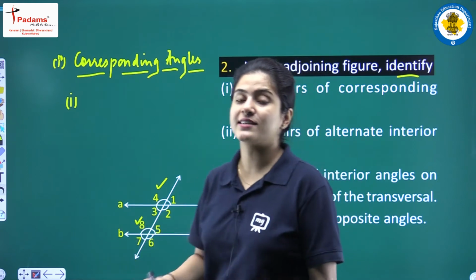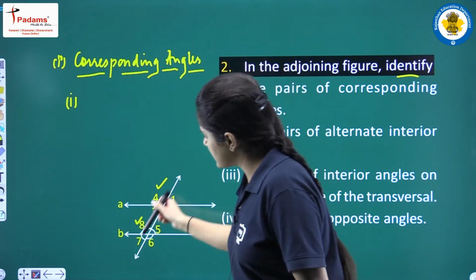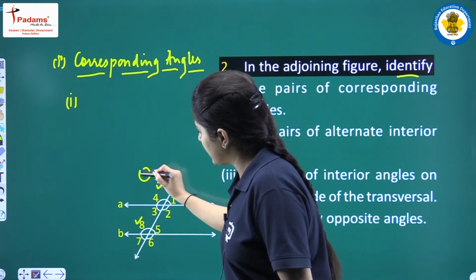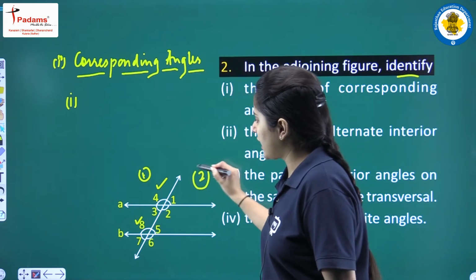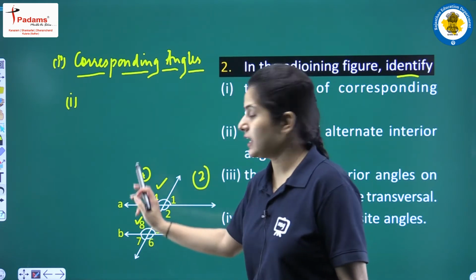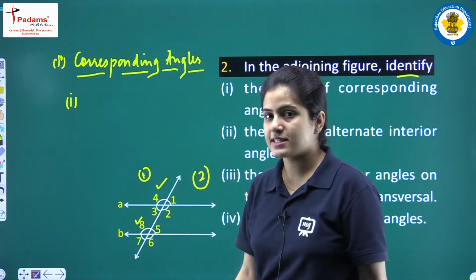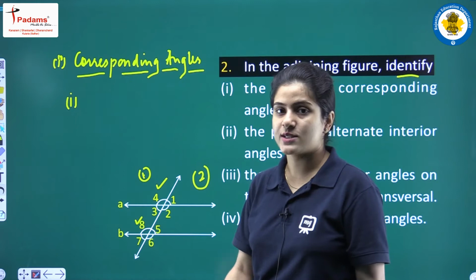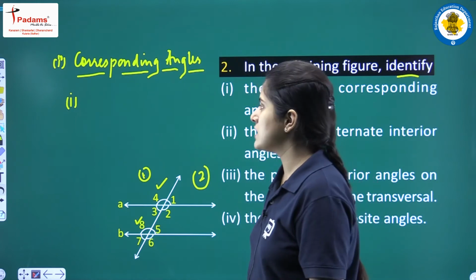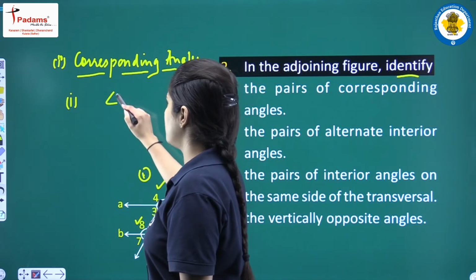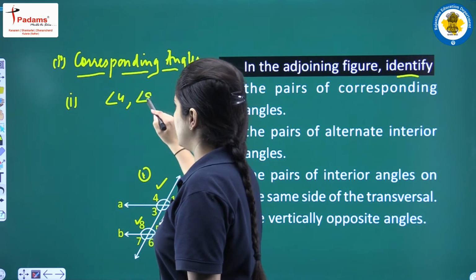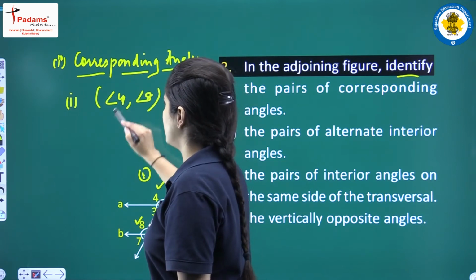These are corresponding angles because they lie on the same side of the transversal. 4 is an exterior angle, 8 is an interior angle. So the condition is satisfied. First pair is angle 4 and angle 8.